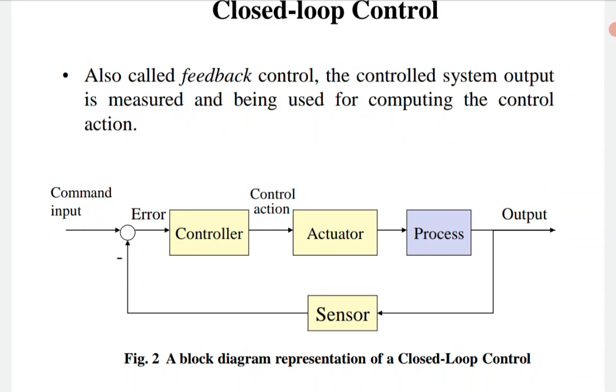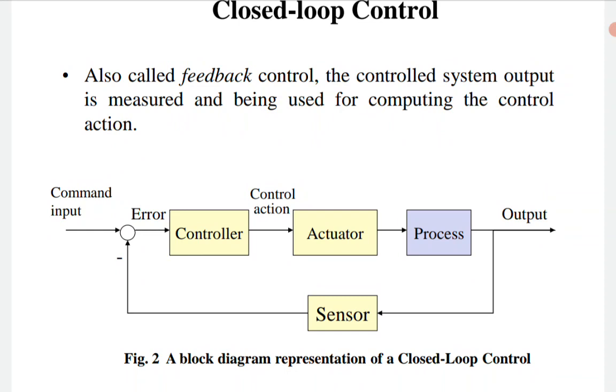Here we are using an error amplifier, the error is highlighted, the controller is obviously there, an actuator is inserted between controller and process, and the sensor acts as the feedback element. Here we are providing negative gain, but that gain can be positive also.